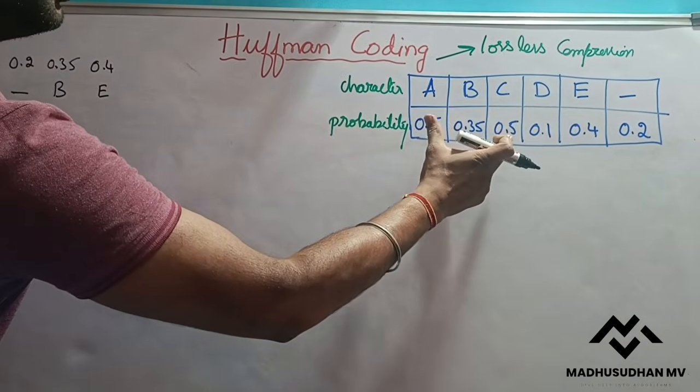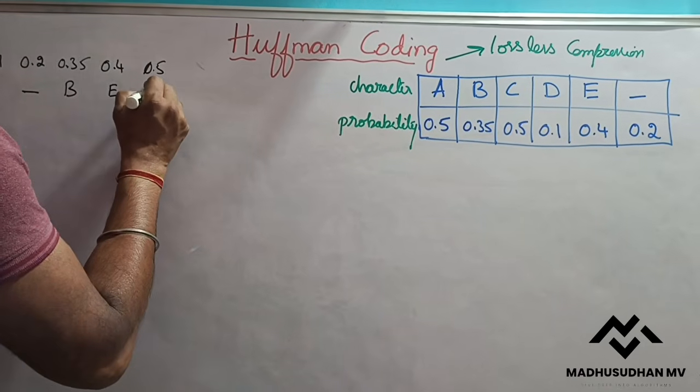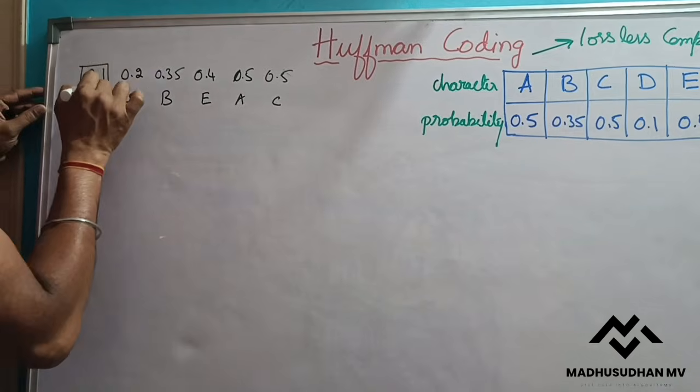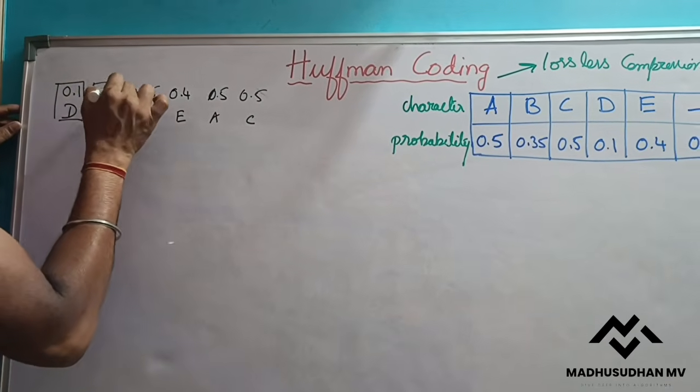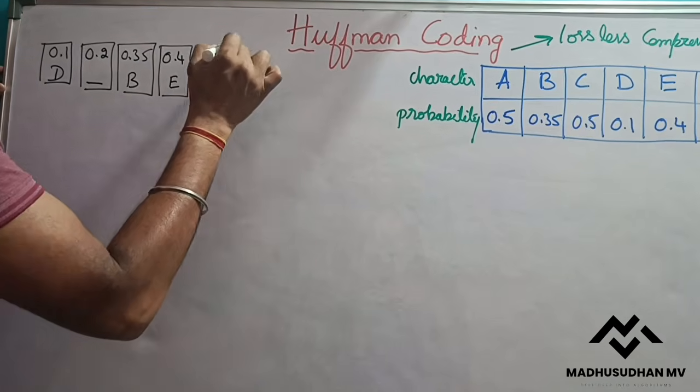Next is 0.5, of which there are two; whichever you write first is not a problem. I am writing A first, then C. These are the individual characters written in sorted, ascending order.